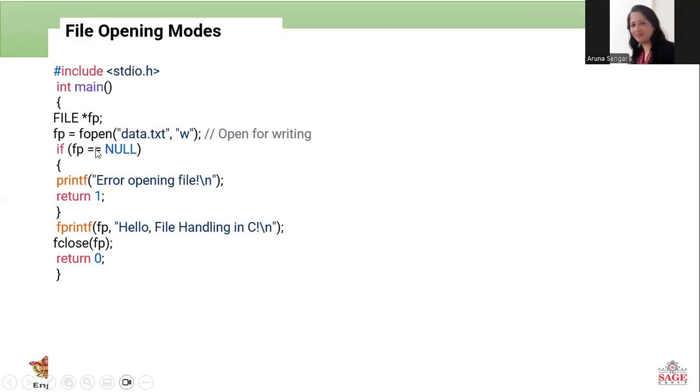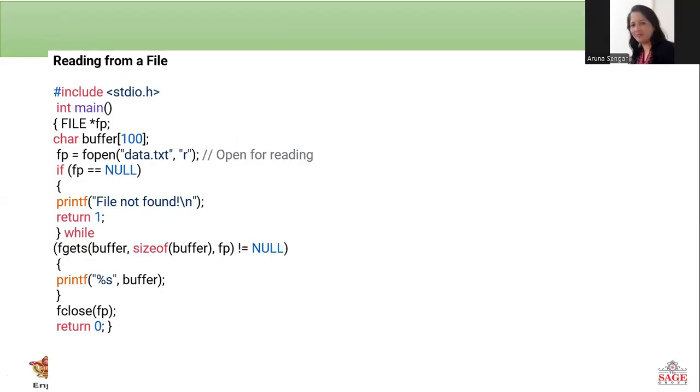And we check if the file pointer is null, that means the file did not open, and the address was not returned. So if we get null, then we write the message error opening file. And if the data.txt file opens, then the pointer will be returned and we print a message, file handling in C, only to show that the file has opened, and then we close the file and return 0.